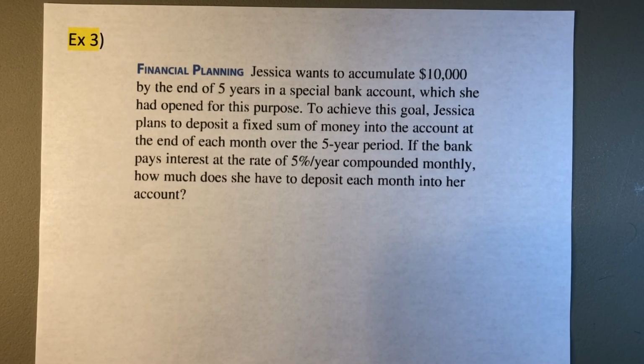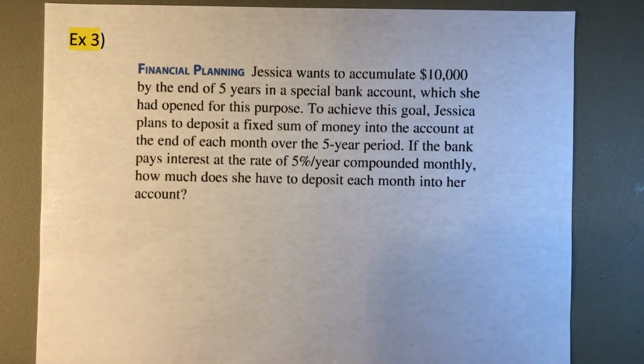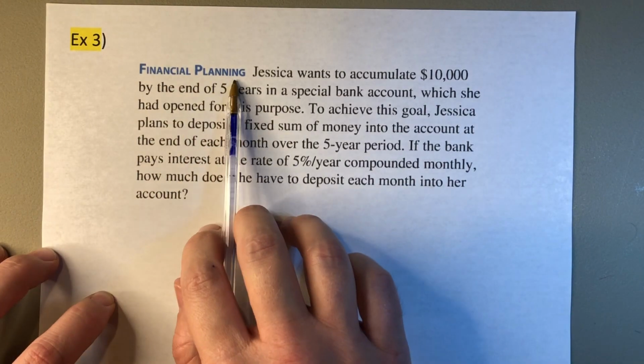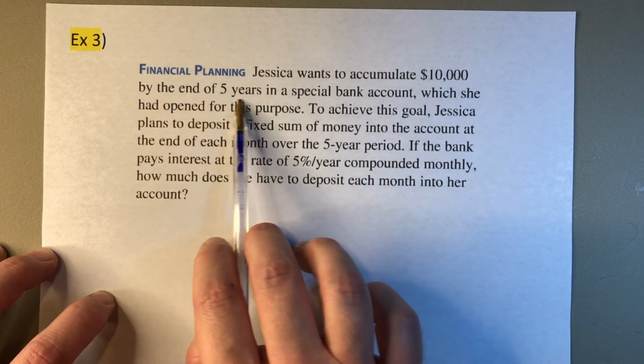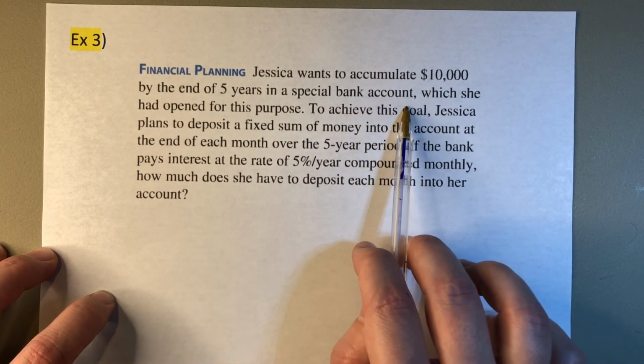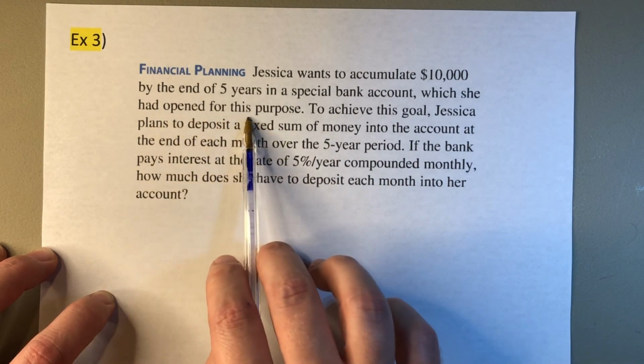Okay, this will be our last example we're going to look at in these very entertaining YouTube video lectures. And of course, we'll do probably 6 or 7 more examples during class. Okay, so example number 3, financial planning. Jessica wants to accumulate $10,000 by the end of 5 years in a special bank account, which she has opened for this purpose.